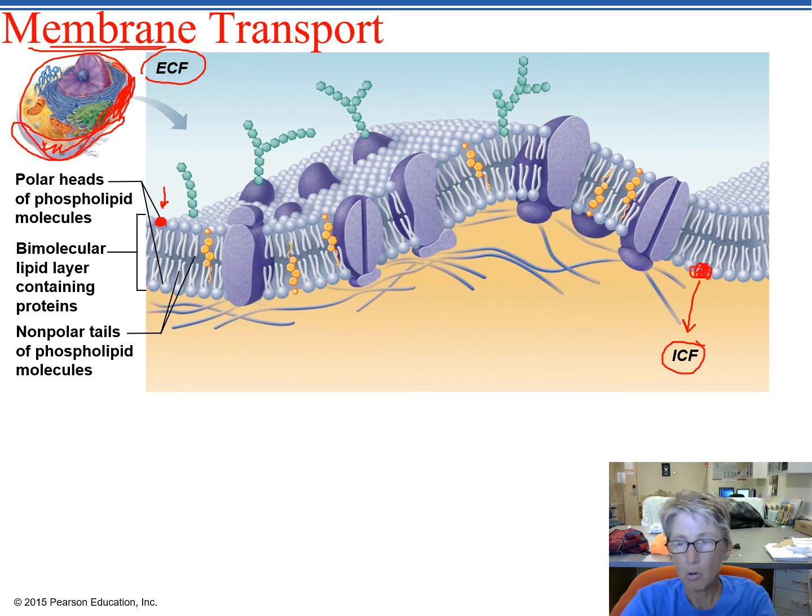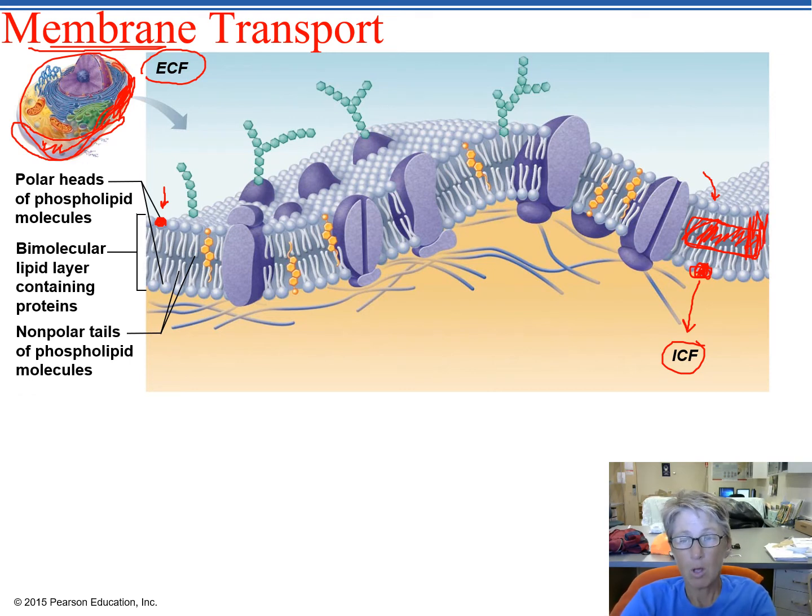The polar heads are hydrophilic, so they love water. The non-polar tails in the phospholipid bilayer are hydrophobic, so they're afraid of water and turn away from it. When these bilayers form, the polar heads move such that they are in contact with water because they love water, and the hydrophobic tails get as far away from the water as they can, so they form this middle portion of the phospholipid bilayer.